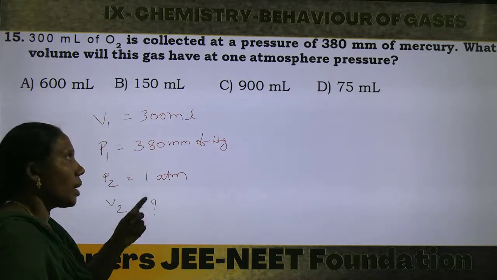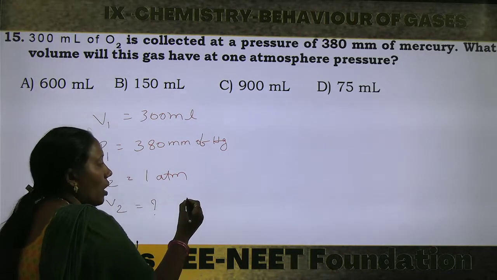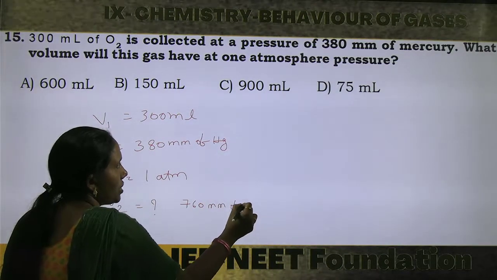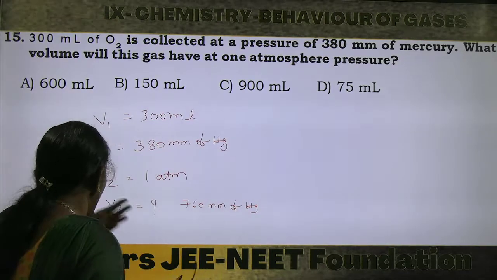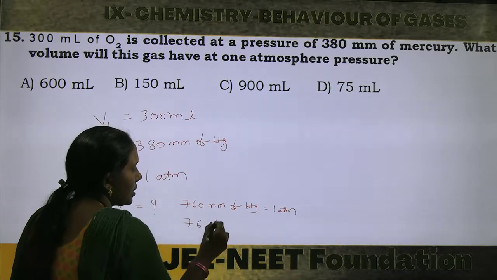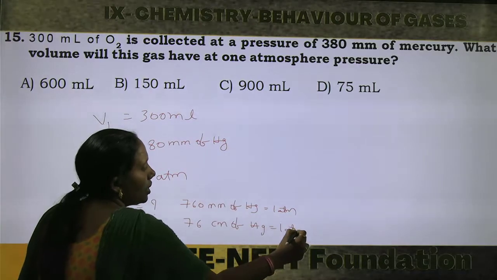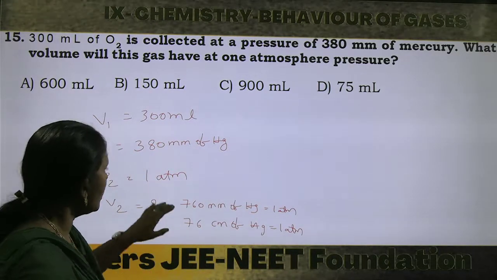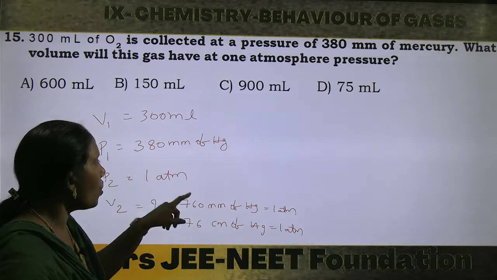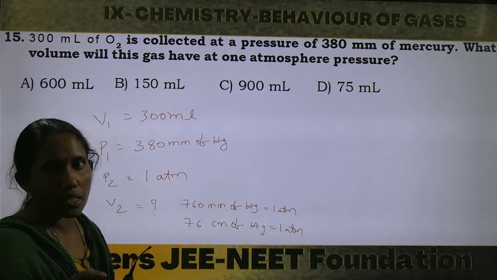So how to convert mm of Hg into atmosphere? Generally 760 mm of Hg equals 1 atmosphere. 76 centimeter of Hg is also 1 atmosphere. These are the conversions. Obviously 1 mm of Hg will be 1 by 760 atmosphere.